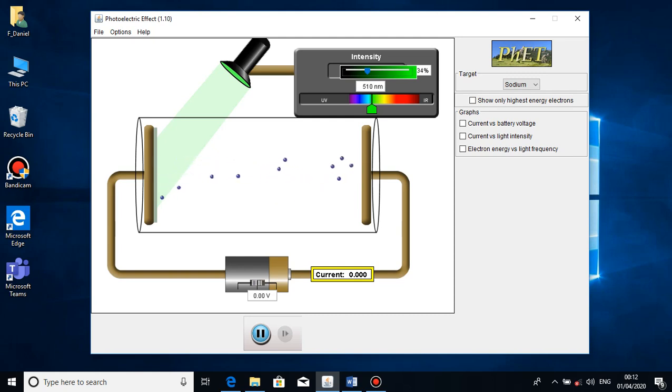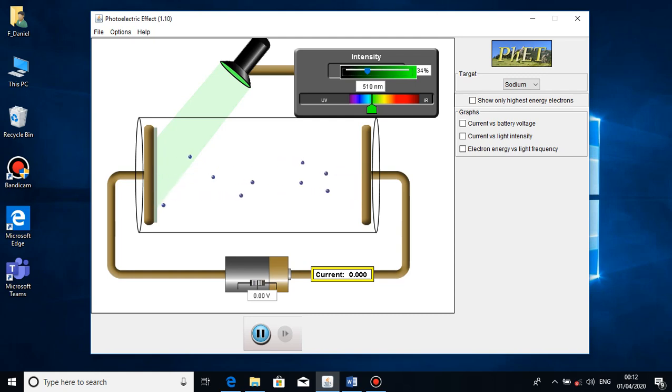Is it the same if I increase the intensity of light? Does each electron carry more and more energy or not? This is the main question, because wave theory expects that when the intensity of light increases, then the electron will be extracted with more energy. So this is what the wave theory states.